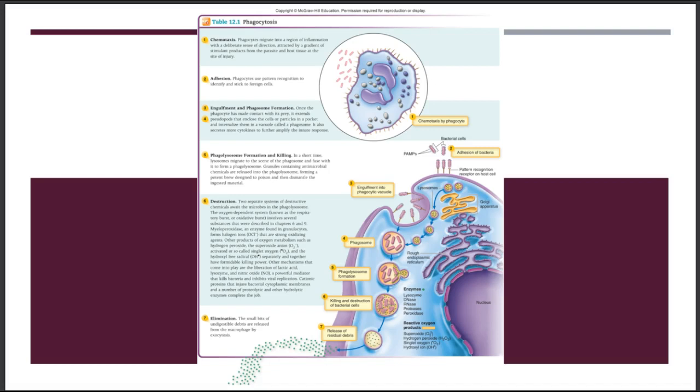And these are all chemical molecules that are going to break down different components of these organisms. And then once the organisms are destroyed, that vacuole will merge with the cell membrane of the phagocyte, and it will be released into that extracellular space. So make sure that you review this diagram or table in your text and be familiar with the steps and the components involved in each of those steps.